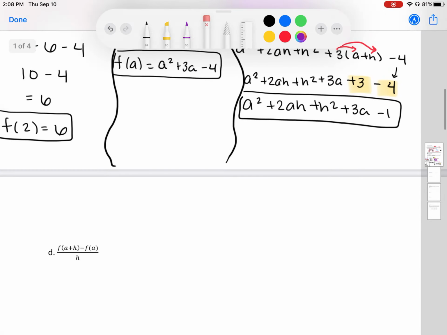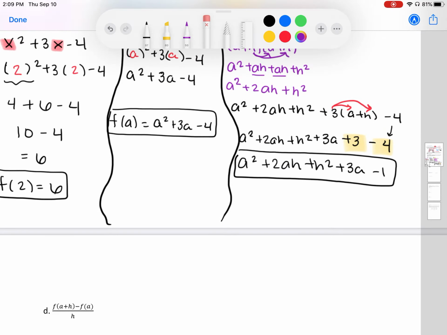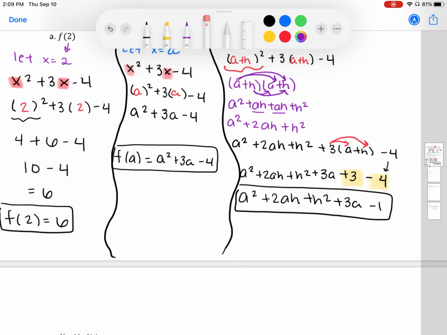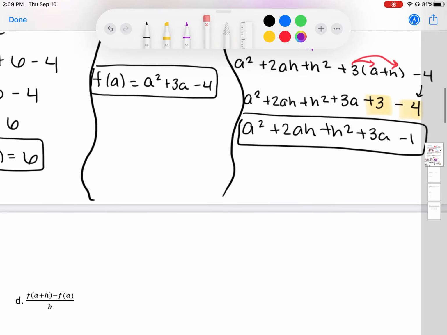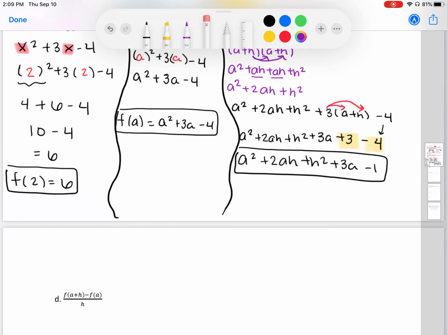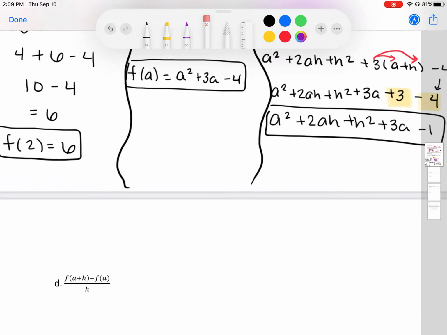All right. Now we have part D. Now these last two parts, part C and part D, they're really challenging. I would say this is more of a college algebra question. But I think that even though we are in intermediate algebra, we can still do it. We have bits and pieces of this done.